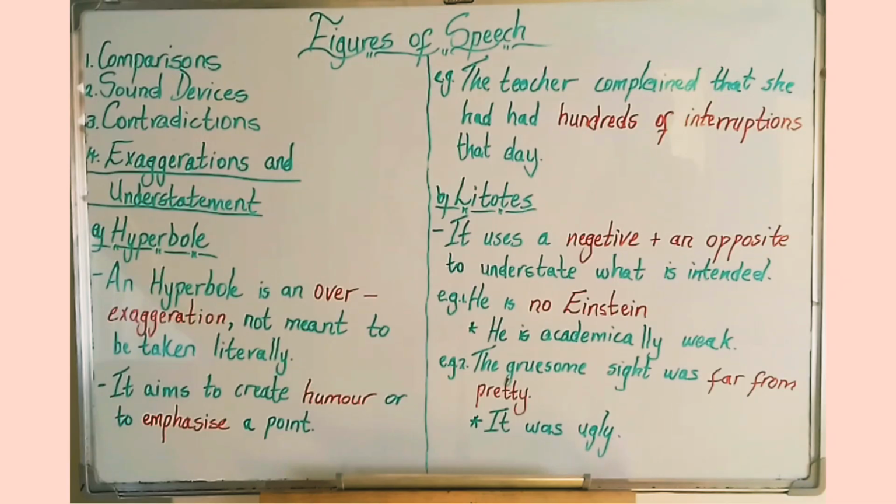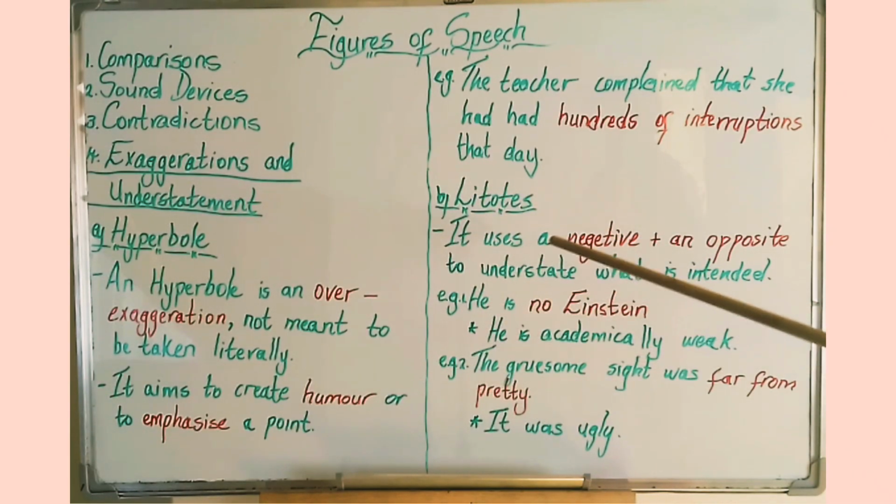So number 1, in a class session, there can never be a class session that can last long enough for a teacher to have hundreds of interruptions. That can never happen. So this is a hyperbole. Hundreds of interruptions is a hyperbole because this is not literal. It can never happen.